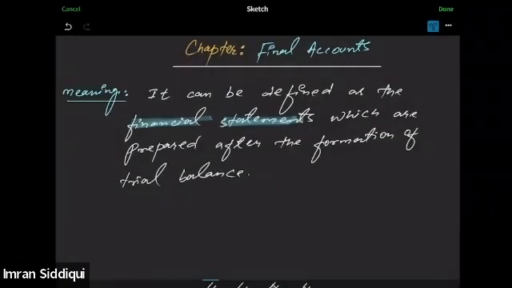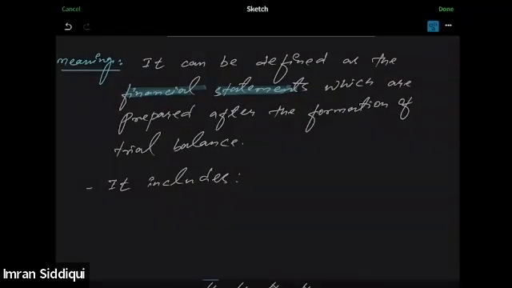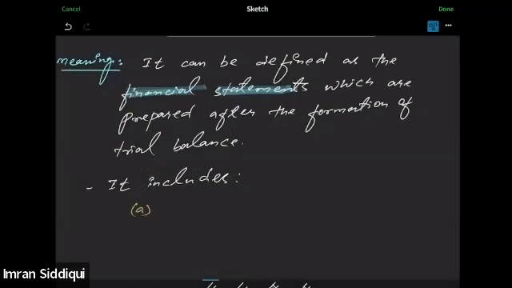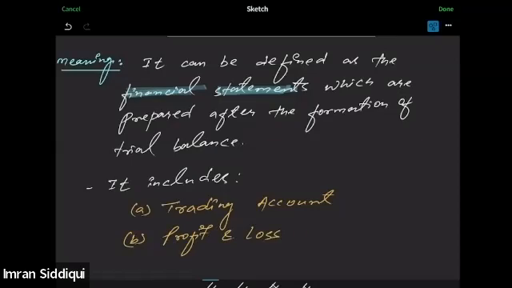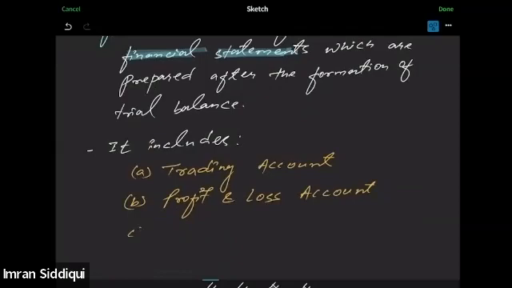Final accounts include, number one, trading account, then we prepare profit and loss account, and it also includes the balance sheet.